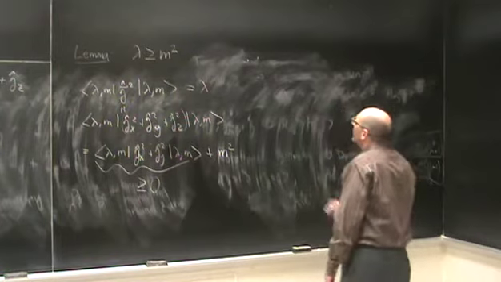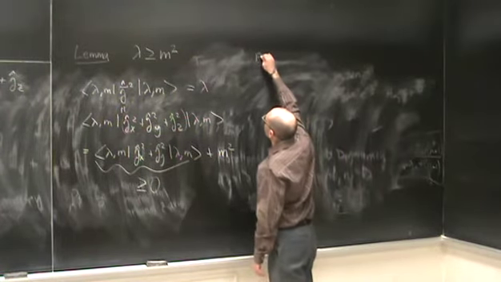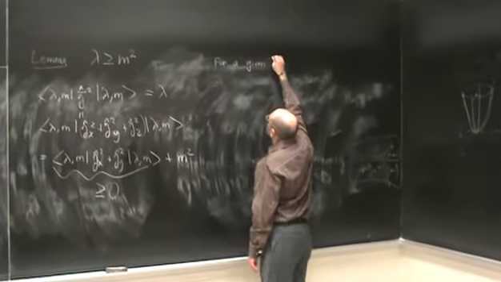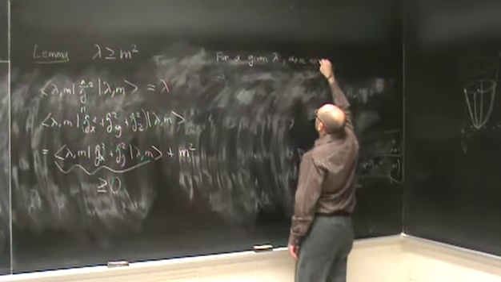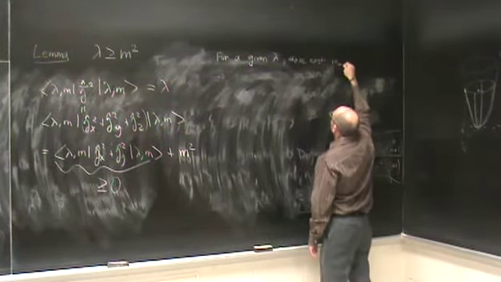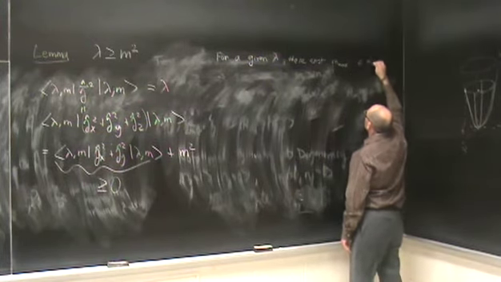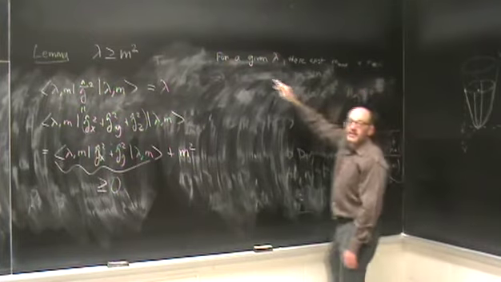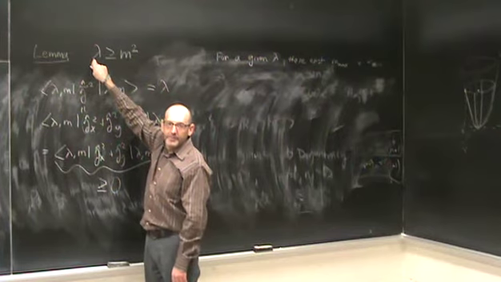Which means that for a given lambda, there exists a maximum m and a minimum m. Because m can never get too big, otherwise when you square it, it will start to get bigger than lambda.